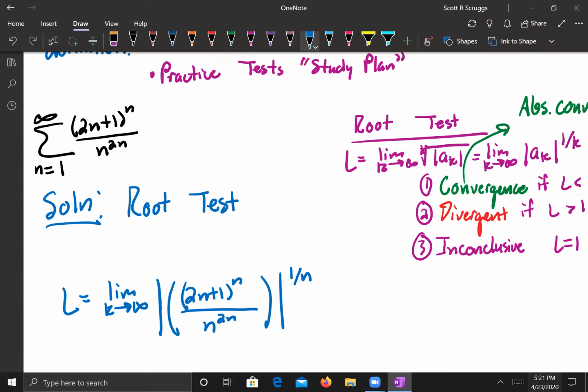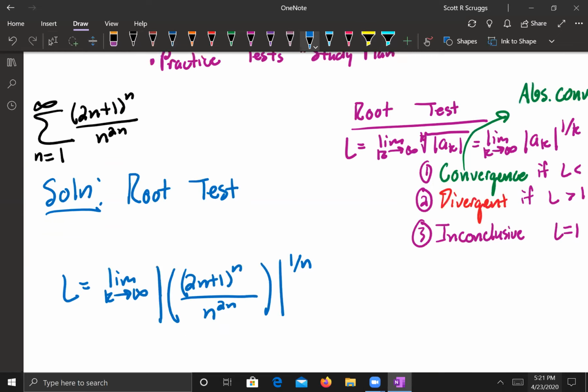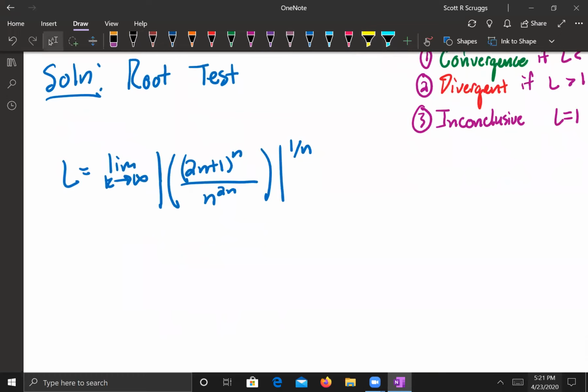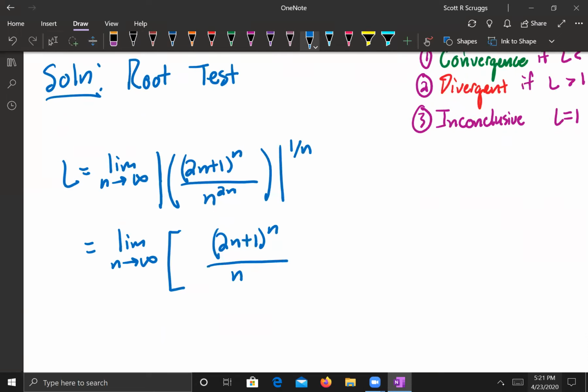Now, everything inside the absolute value is positive, which means that the absolute value is redundant. I can rewrite that as the limit as n goes to infinity of 2n plus 1 to the nth power divided by n to the 2n, all raised to the 1 over n.